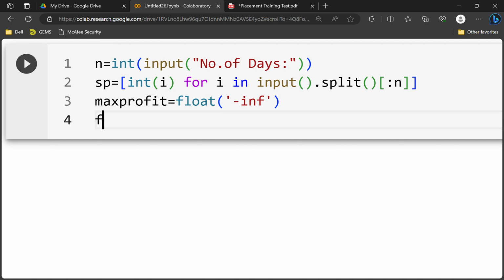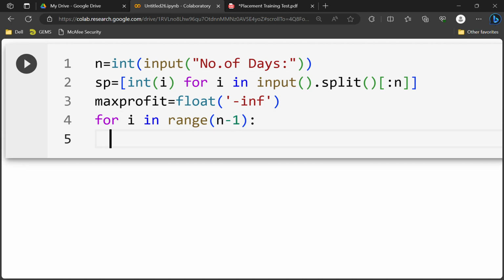Then I will run a for statement: for i in range, I will go up to n minus 1. Why? Because if I am at the ith position, I will be comparing the stock prices from the i plus 1 position onwards. That's why I am stopping at the last but one position. For j in range i plus 1, comma n.